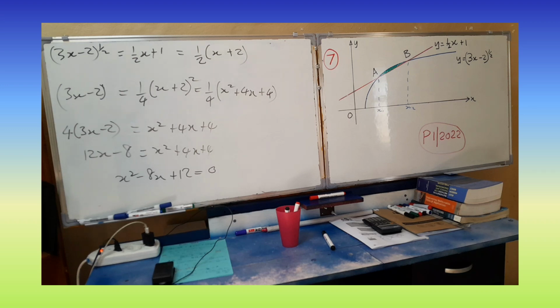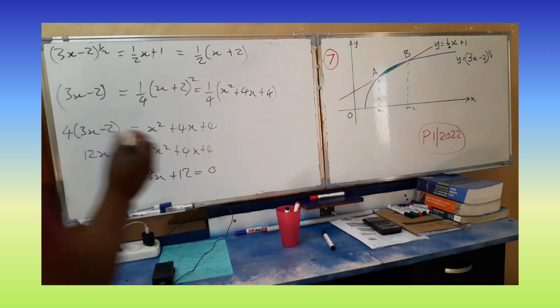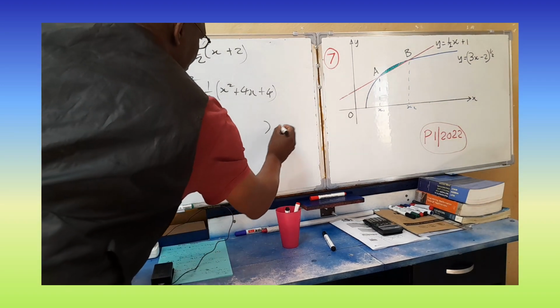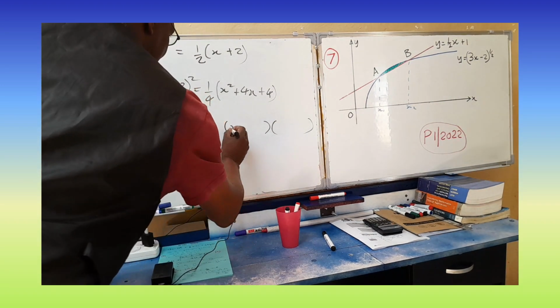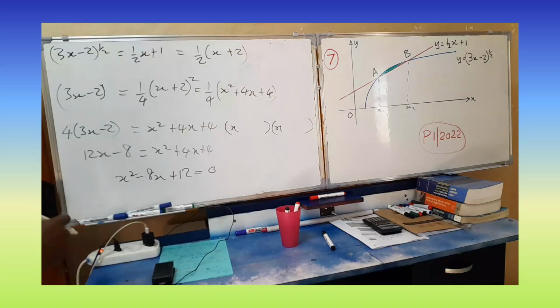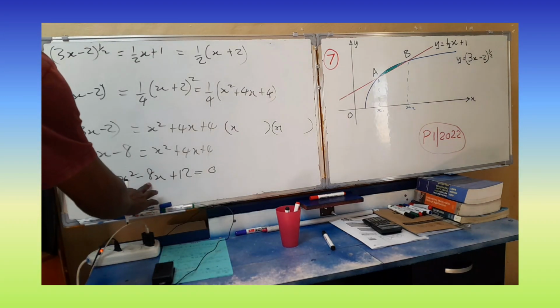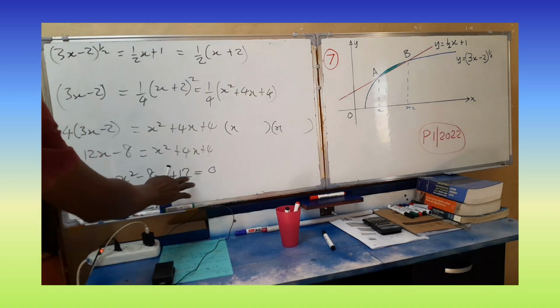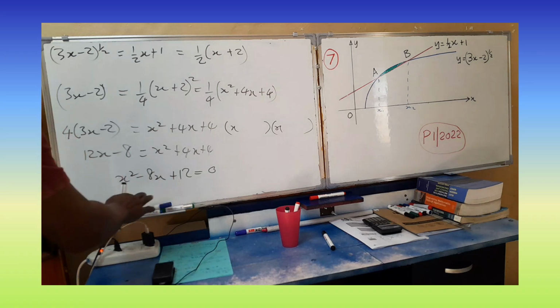And we can solve it. Looks like it can be factorized, so let's go ahead and factorize it. Brackets, x there, factors of 12 that add to 8. Is it 3 and 4? No. Is it 1 and 12? No. Is it 2 and 6? Yes.